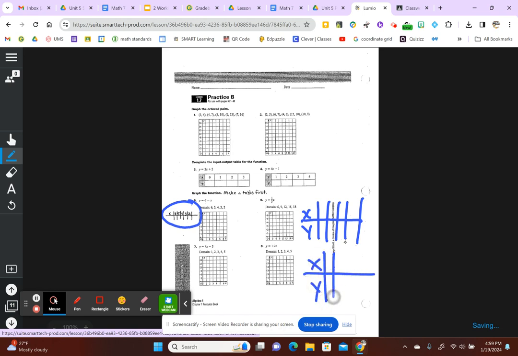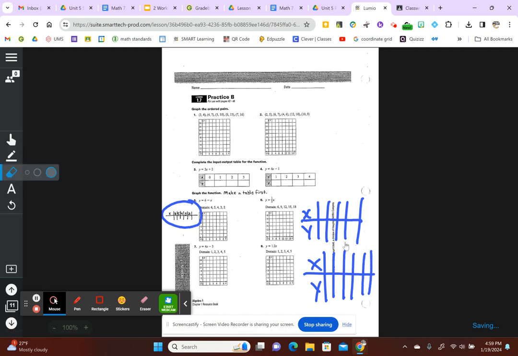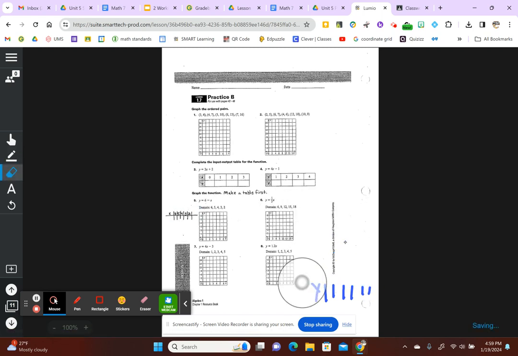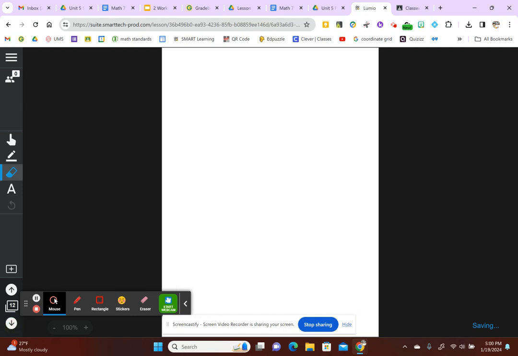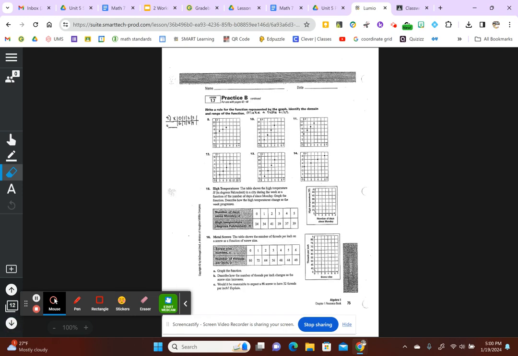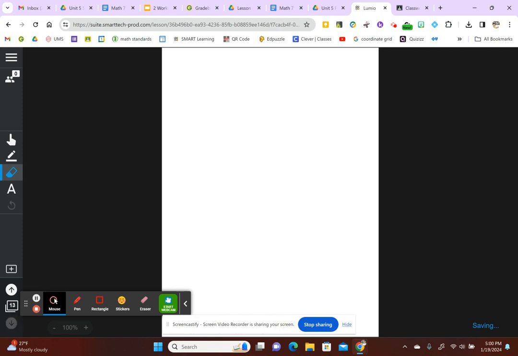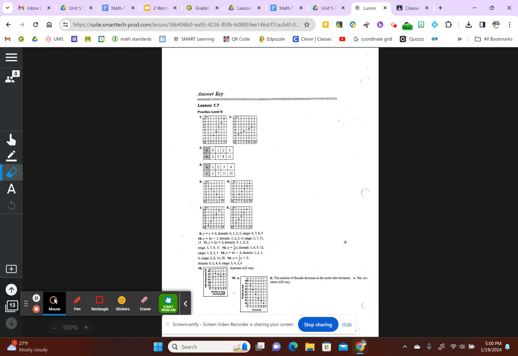They give you a domain and a rule, and I want you to show me that you plugged in the domain and the rule and give me a table, okay? And then on this next page, you're going to have to do the tables again to find the rules. So again, I do expect to see tables drawn for the homework, and the answers are included.